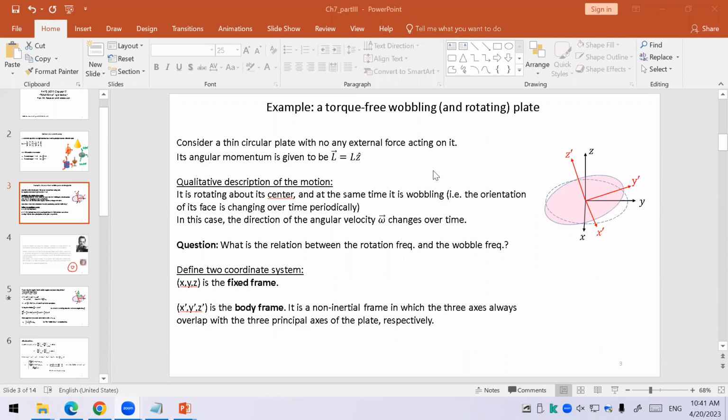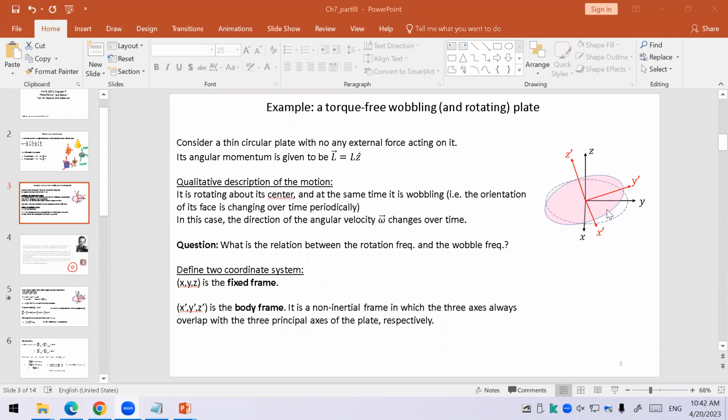However, now in general, I'm allowing the rotations to be not just about a fixed axis. As we have seen, I allowed this so-called wobbling motion also, right? So in general the rotational omega vector is not fixed anymore.